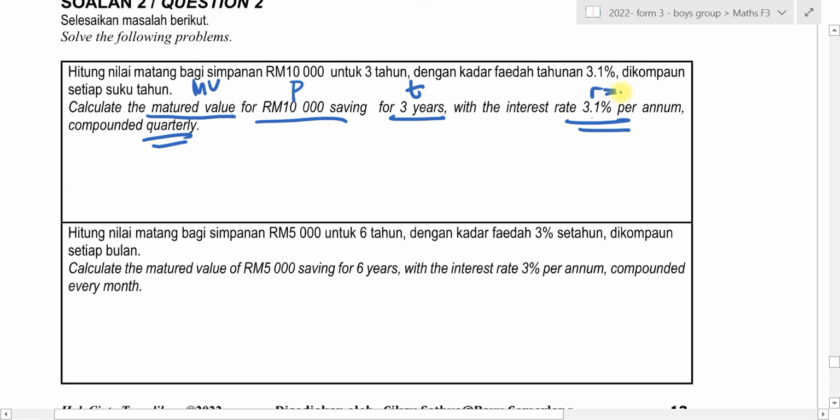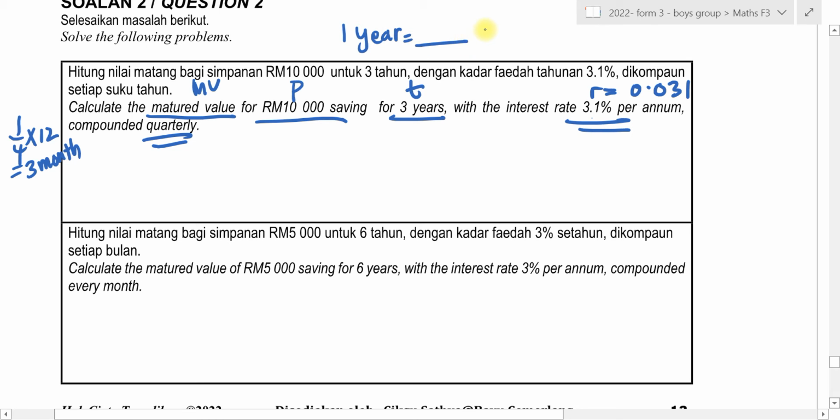This one is your R, change to decimal, 0.031, and then compounded quarterly. Quarterly means you must think first. Quarter means what? 1 over 4. 1 over 4 times 12 months is how much? 3 months. So how many 3 months can you have in 1 year?